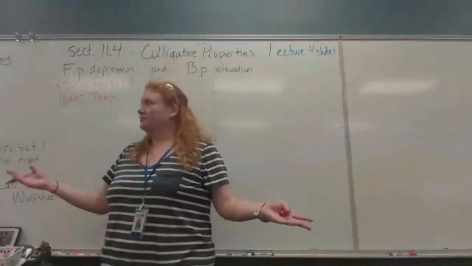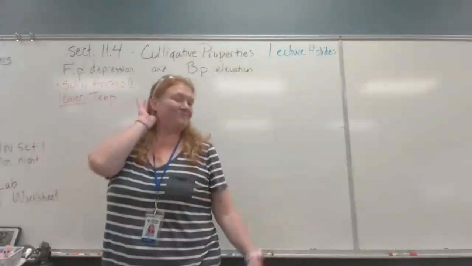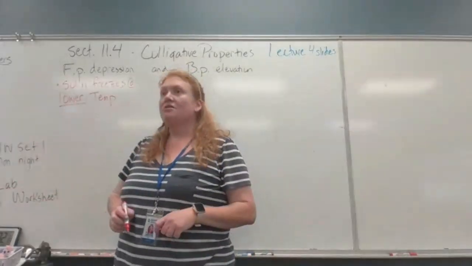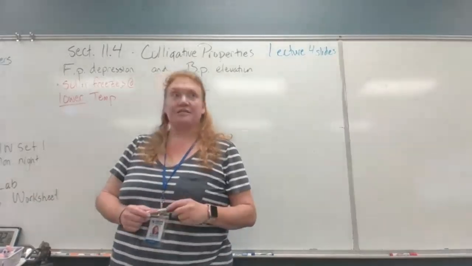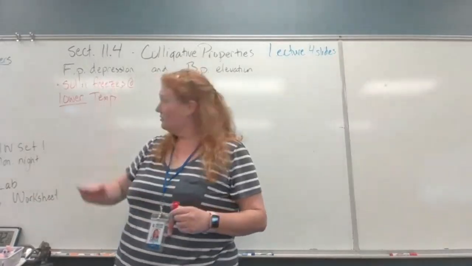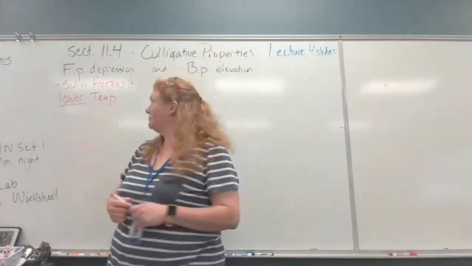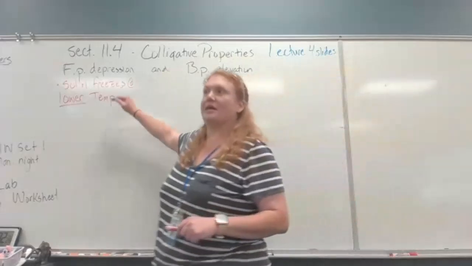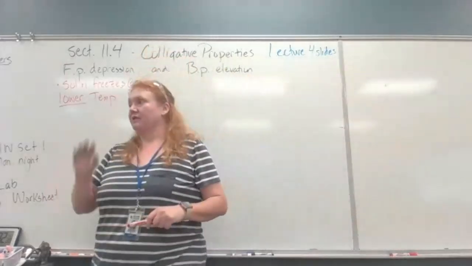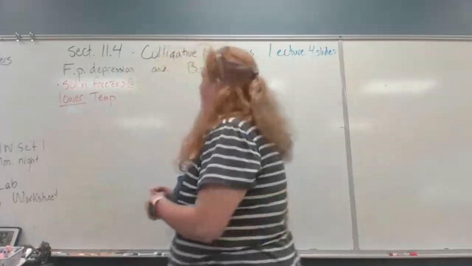Water freezes at 0 degrees C. Salt water is going to freeze at a temperature lower than 0 degrees C. Any solution is going to freeze at a lower temperature than just the solvent by itself.